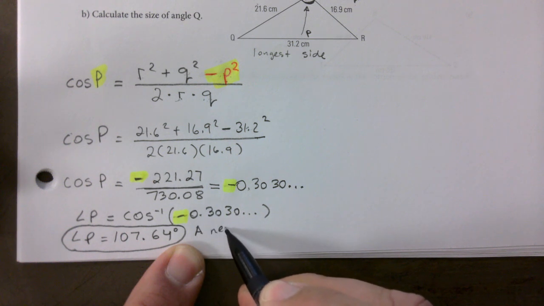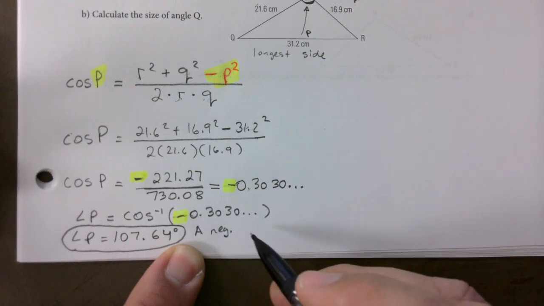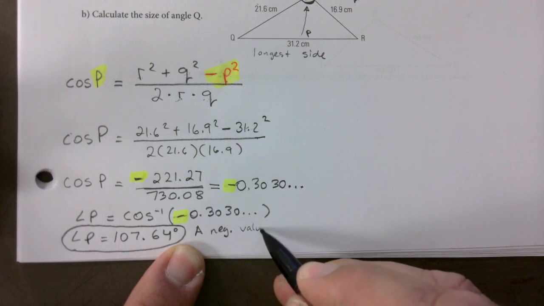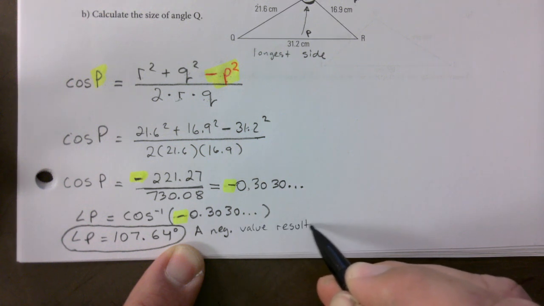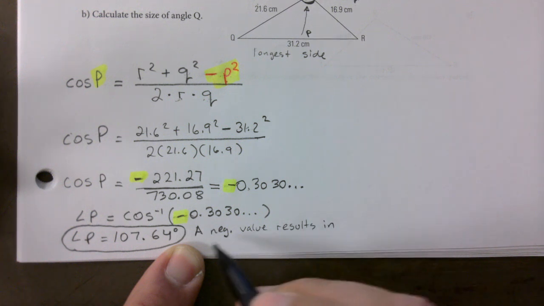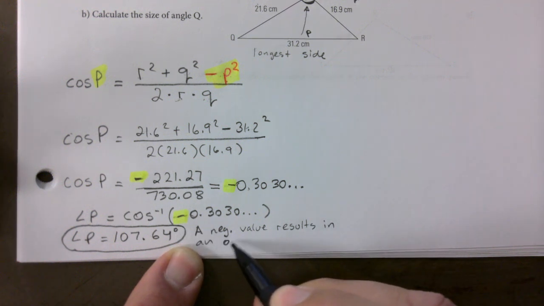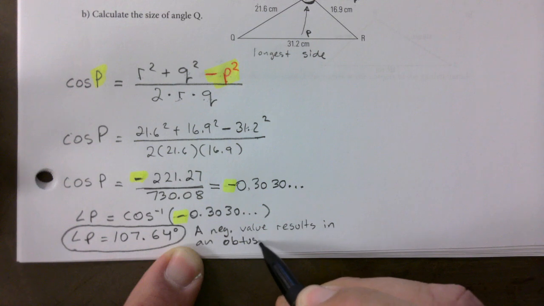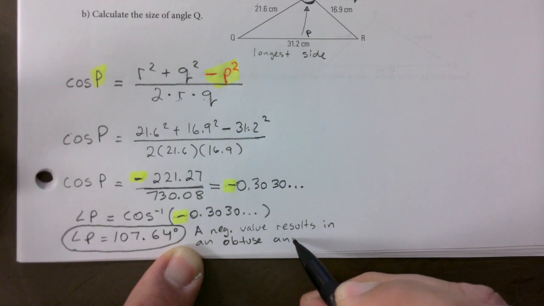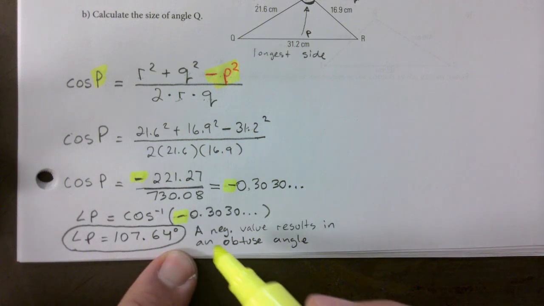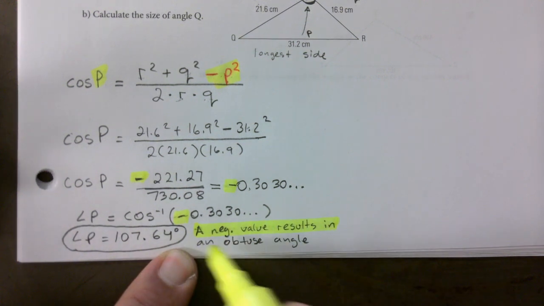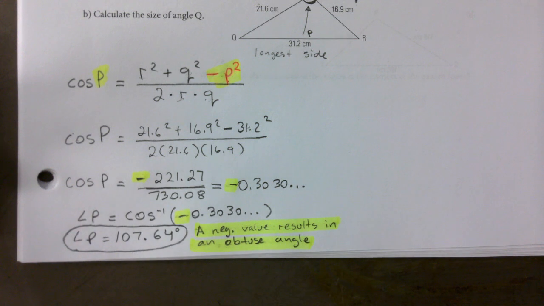A negative value results in an obtuse angle. Please write that down, because I'm going to test you on this. A negative value results, obtuse is bigger than 90, right?